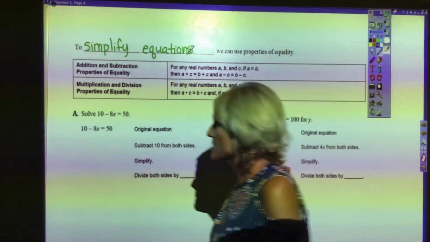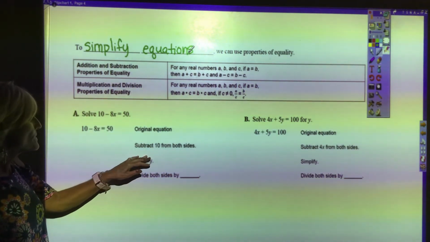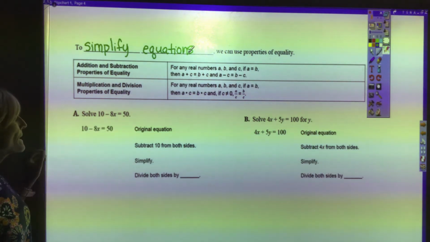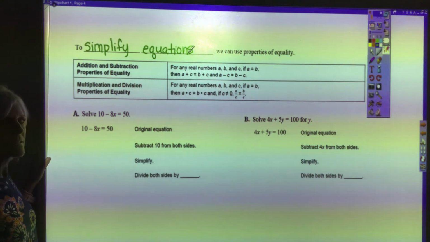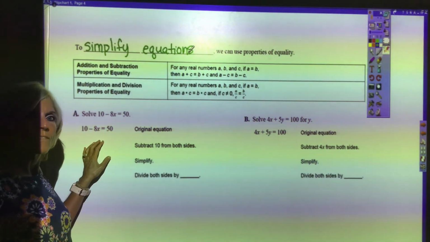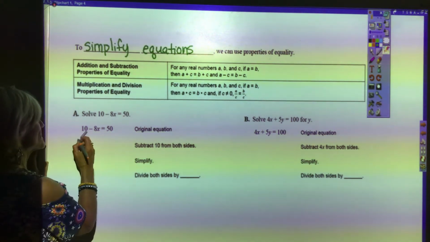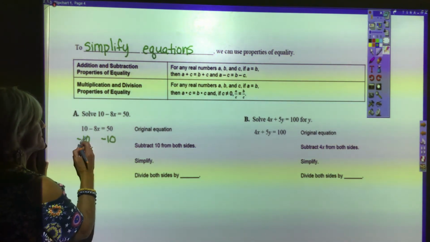So to solve these, and I've got the steps written, we've got our original equation, 10 minus 8x equals 50. And we're going to start by subtracting 10 from both sides so that we can get the variable, the x, on a side by itself. So I'm going to take away 10 from 10 and from 50.